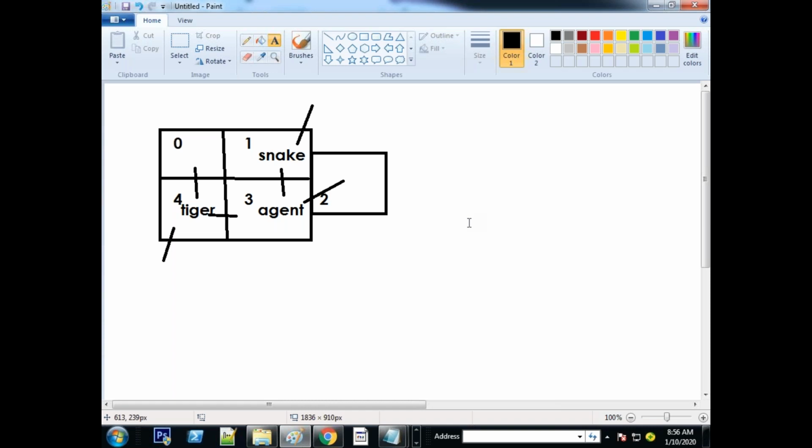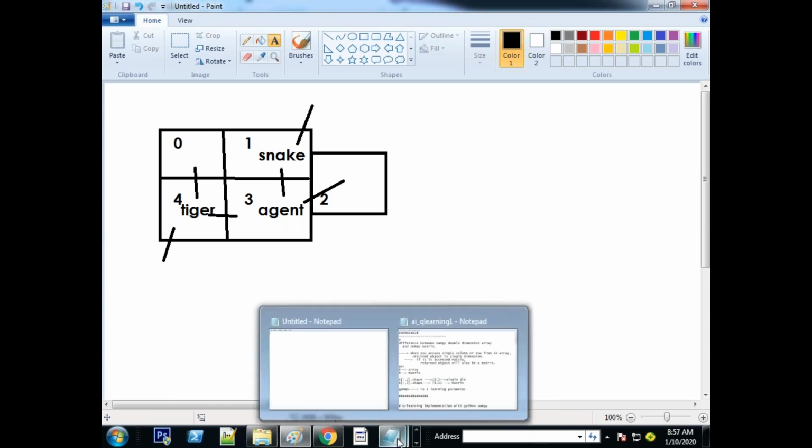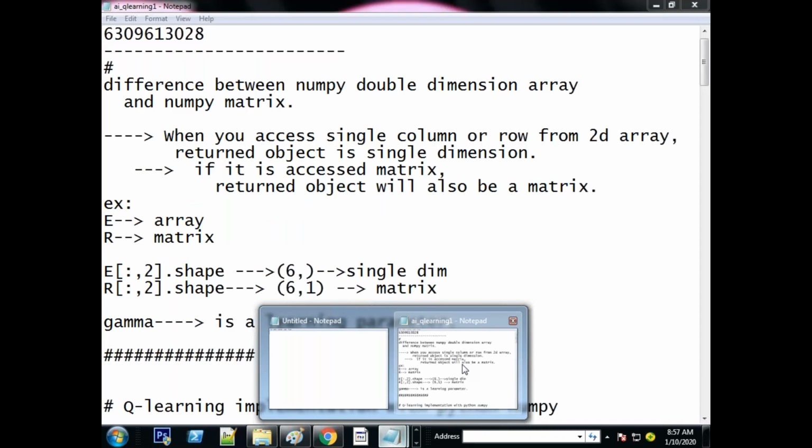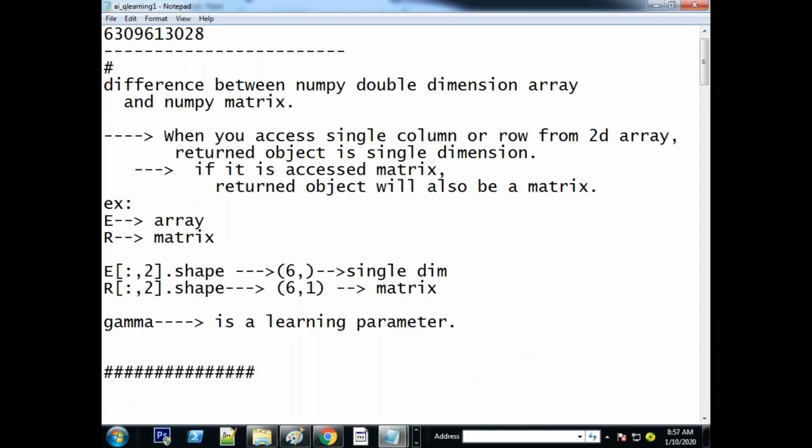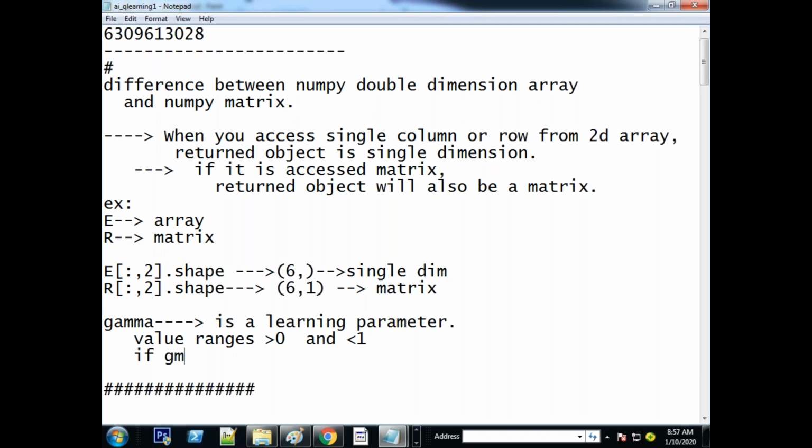Understood the point? Write this down. Gamma is a learning parameter. The value ranges greater than 0 and less than 1. Don't give 1, don't give 0. Between 0 and 1, you have to give. If gamma is close to 0, what's the meaning?